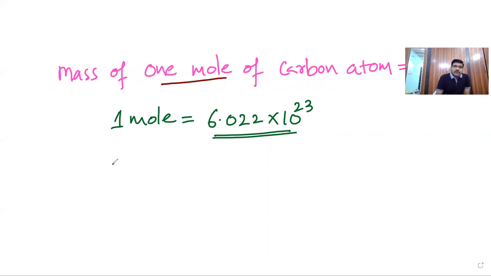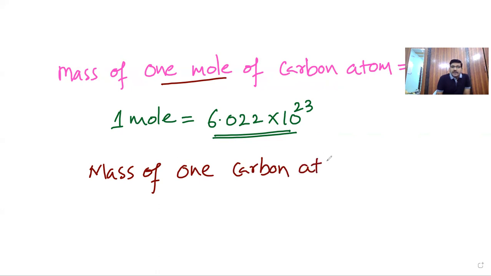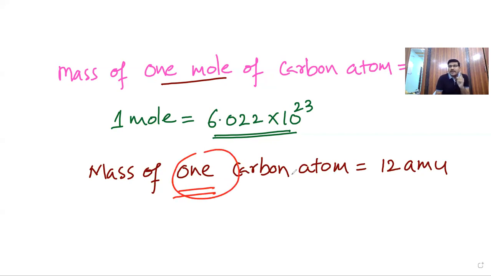The mass of 1 carbon atom, as we have just seen, is 12 atomic mass units. Have clarity: the mass of one carbon atom is 12 AMU.